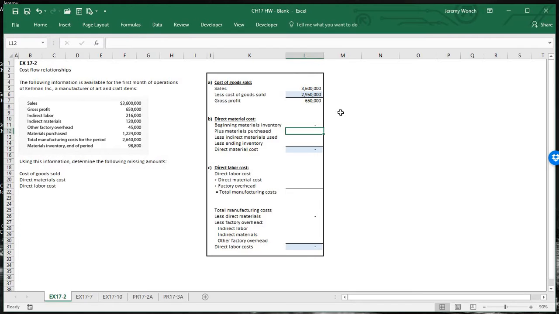Then we add the materials purchased, which is over here, 1,224, and then take out the indirect materials that we used, and back out our ending inventory of 98,800.